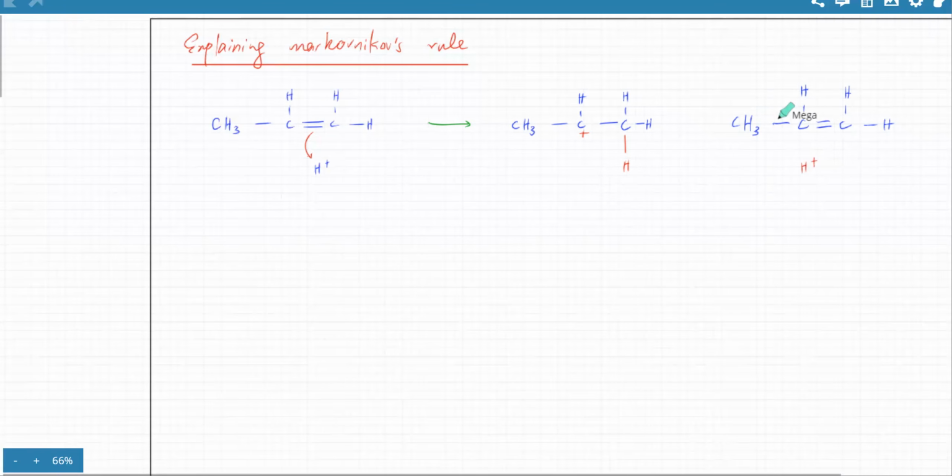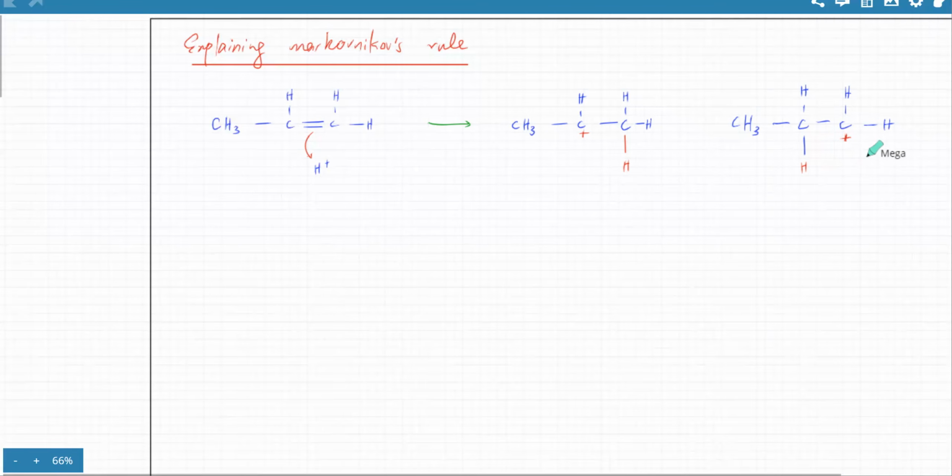It could pull the electrons in the double bond. So let's say these electrons have been pulled towards H, and it ended up bonding with the other carbon atom. The positive charge on H would go away, and this carbocation would be formed. So there are two possibilities.